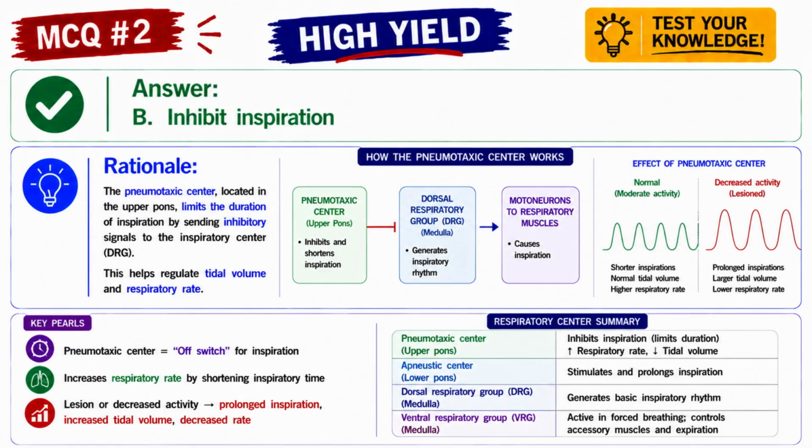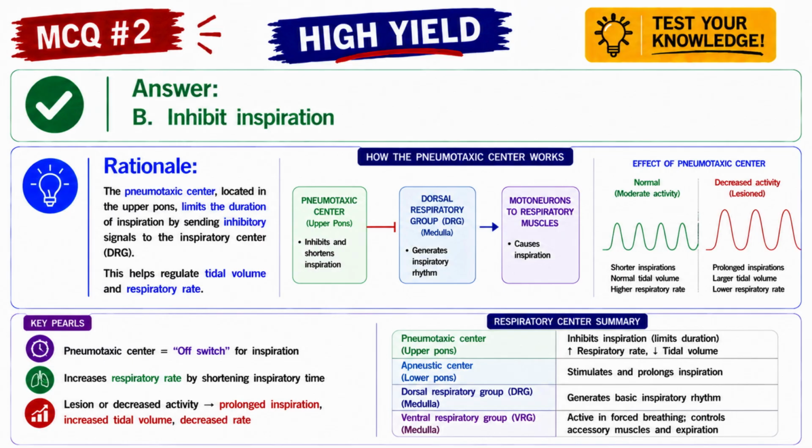This is why the pneumotaxic center is sometimes called the respiratory off switch. It works in opposition to the apneustic center, also in the pons, which promotes sustained inspiration if not inhibited. The pneumotaxic center normally overrides the apneustic center, preventing excessively prolonged inspiratory efforts.